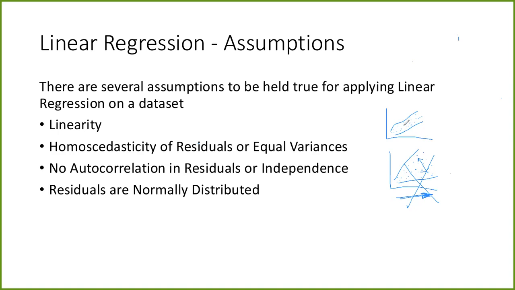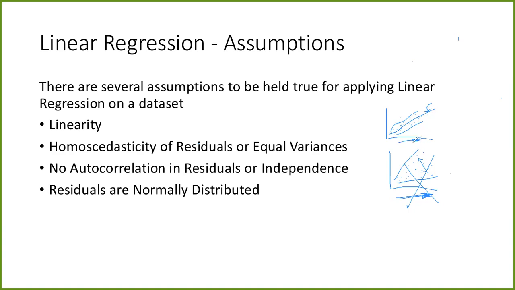And also these errors should be normally distributed. So if this is the regression line, each point is having an error, right? So this is the x value.